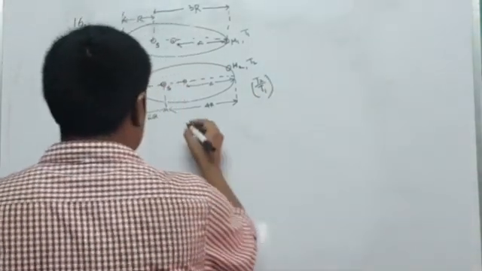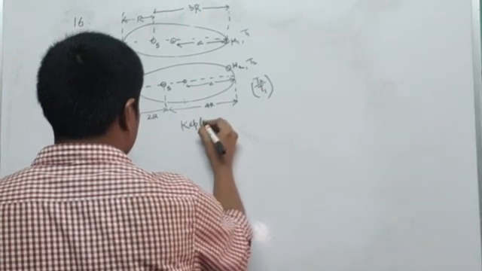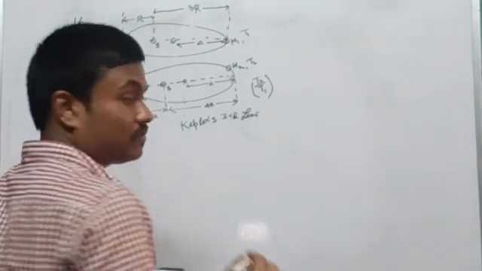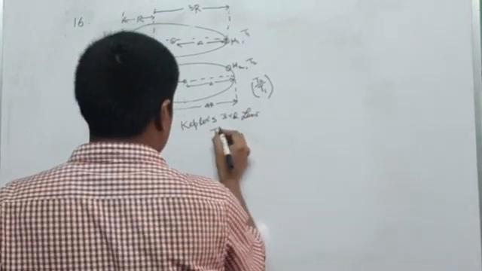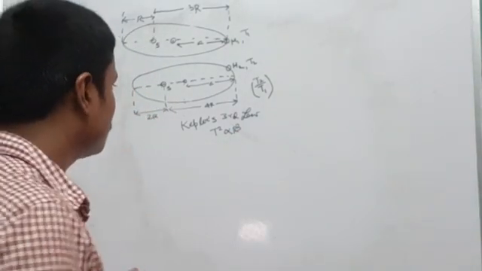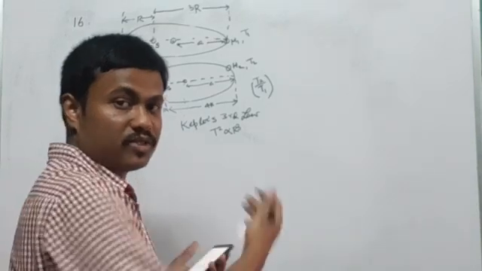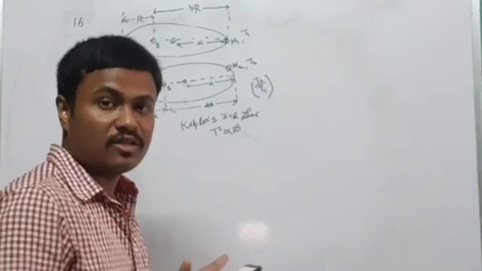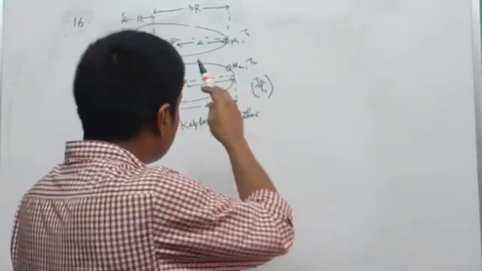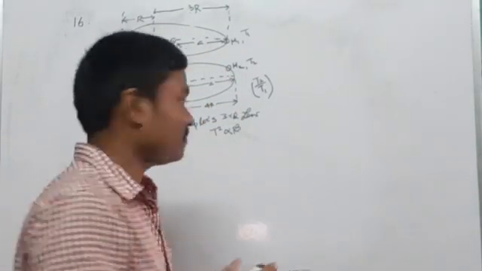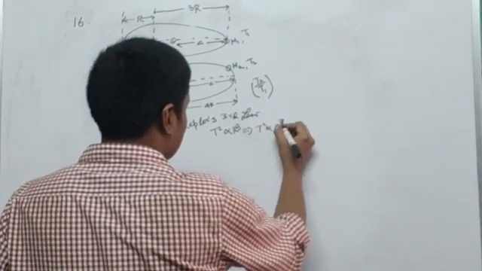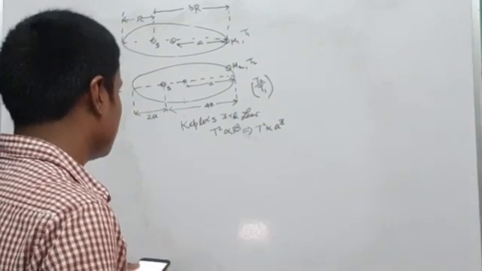Now, for this, we immediately recall Kepler's third law of planetary motion, which says T squared is proportional to R cubed, where R is supposed to be the radius of the orbit. In that case, it's assumed to be a circular orbit. Here, the orbit is elliptical, so we'll replace it with A cubed.